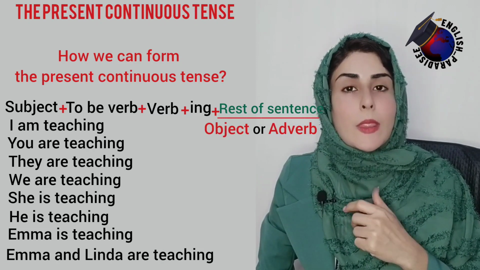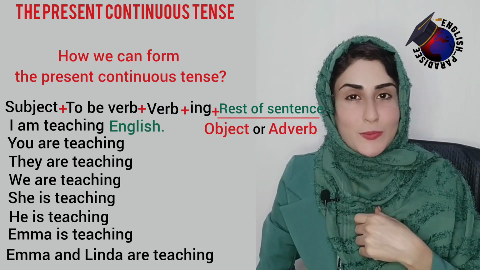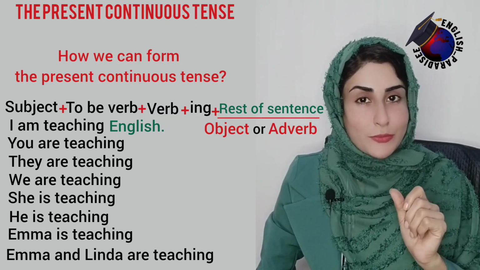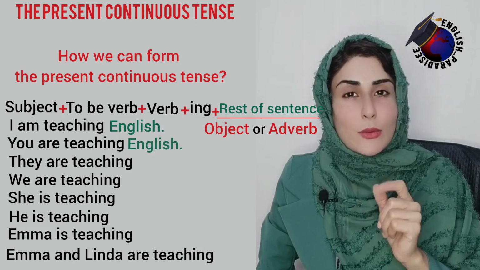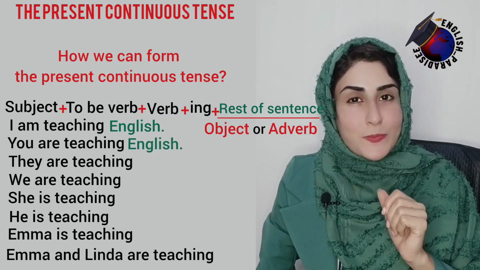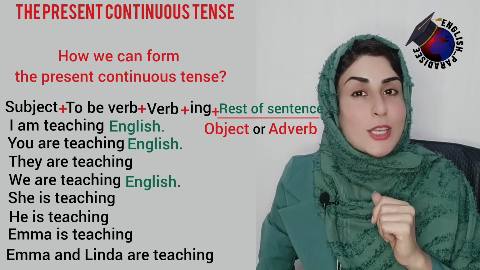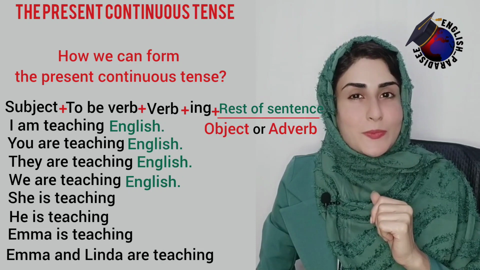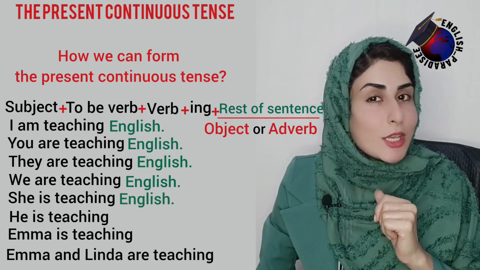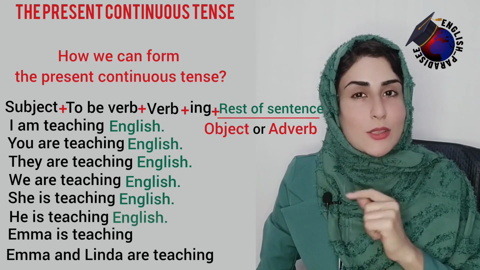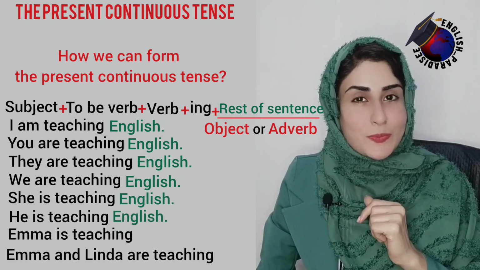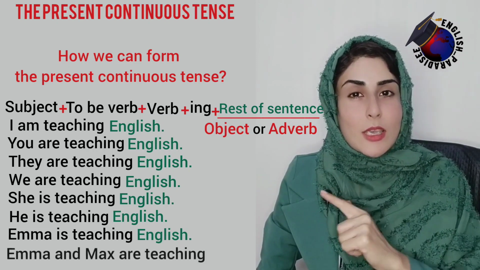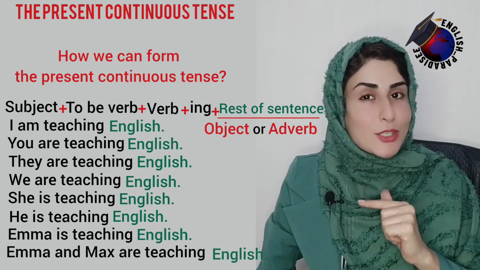For example, I am teaching English. English is an object. You are teaching English. We are teaching English. They are teaching English. She is teaching English. He is teaching English. Emma is teaching English. Emma and Max are teaching English.